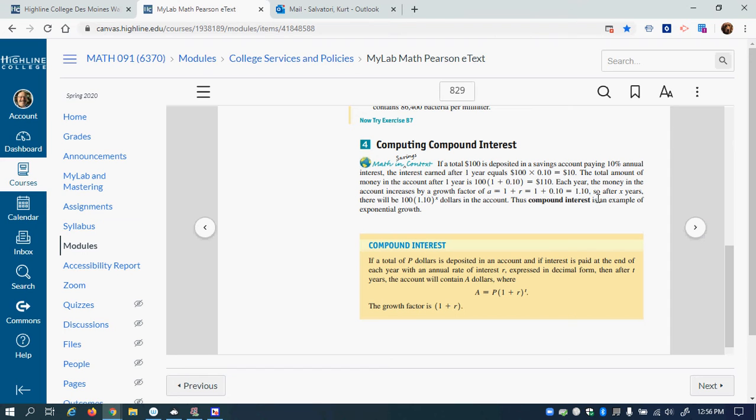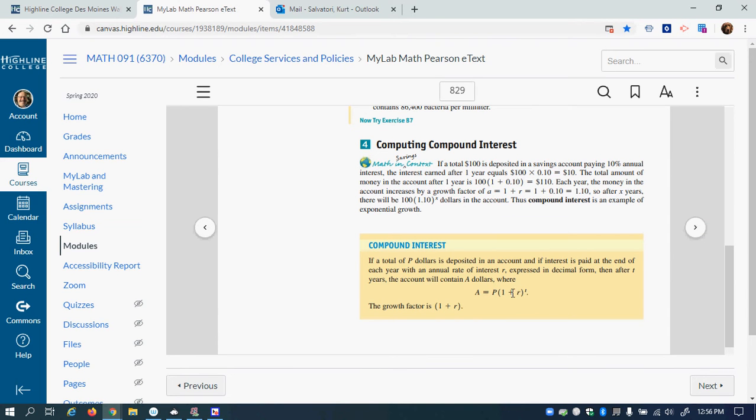Okay, so each year the money in the account increases by a growth factor of 1.10, because we take 1 plus the interest. So after X years it would be 100 times 1.1 to the X, and this is called compound interest, for exponential growth. Here is the format that we use for compound interest: you put in your principal, or your initial amount.